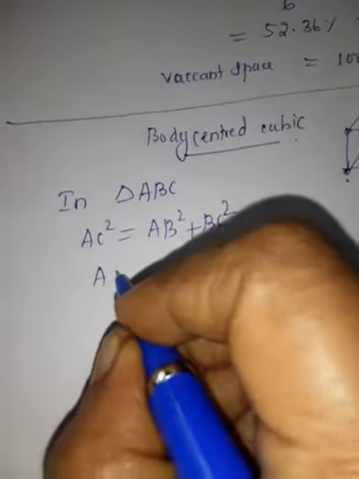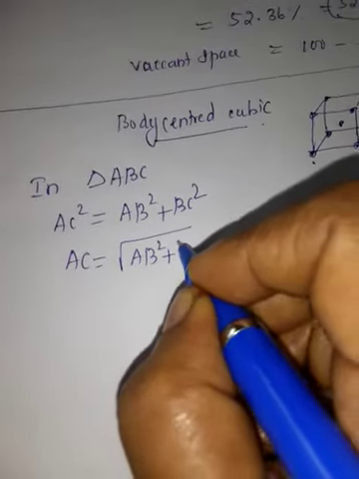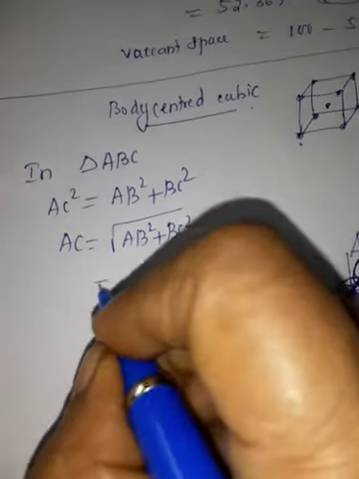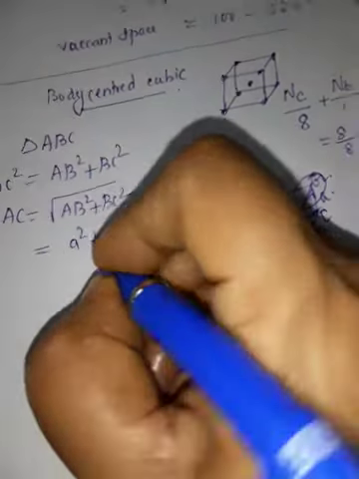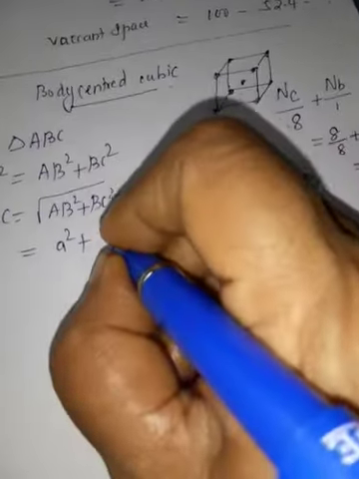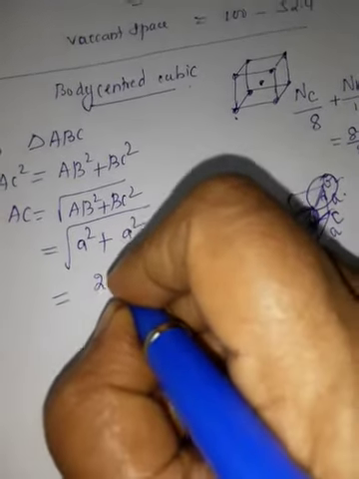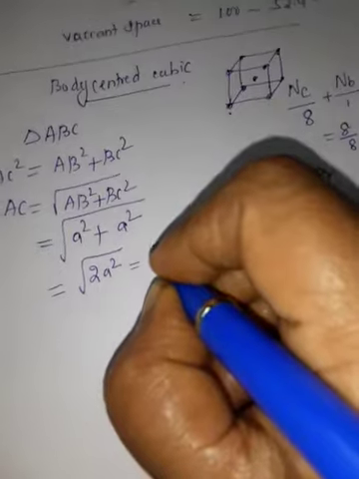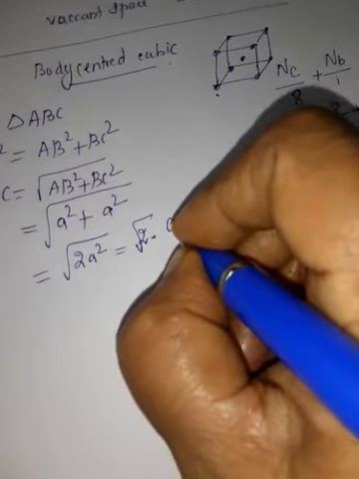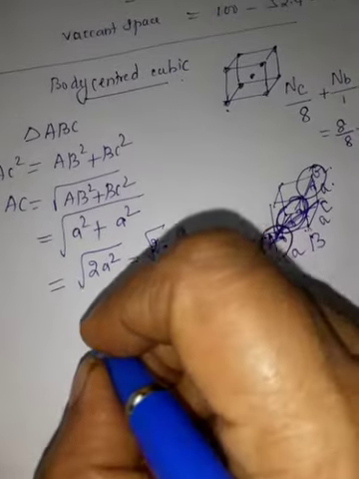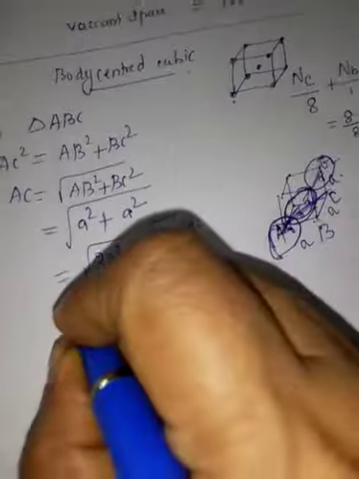From this, AC is equal to square root of AB square plus BC square. AB square is a square, BC square is a square, which is equal to 2a square. So AC is equal to root 2 into a.